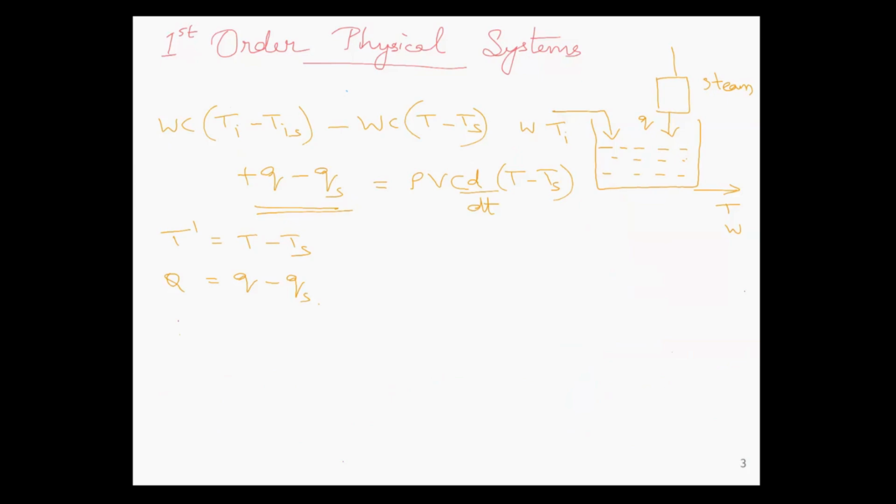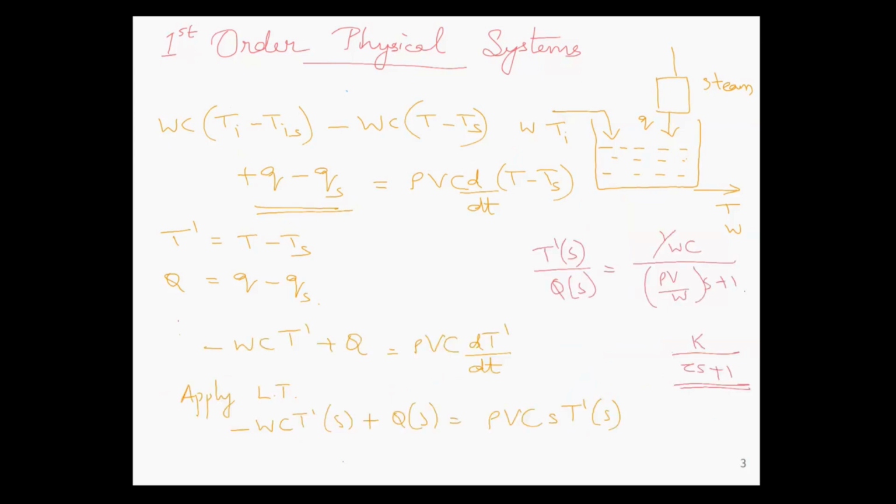Introducing the deviation variables T' equal to T minus Ts and capital Q equal to Q minus Qs, after rearranging, we get minus Wc T' plus Q equal to rho Vc dT'/dt.